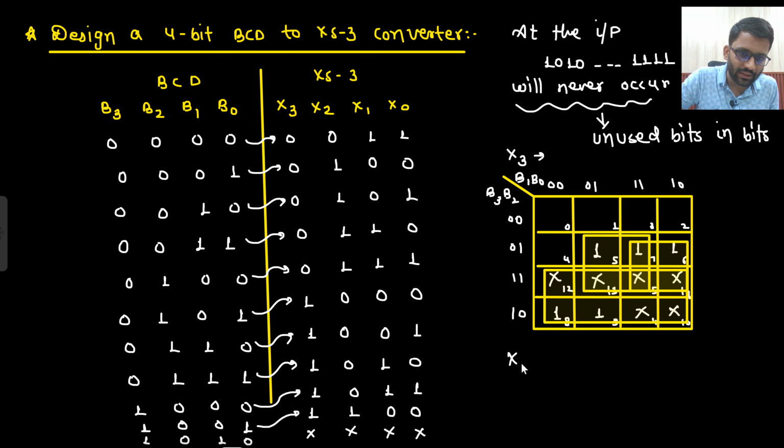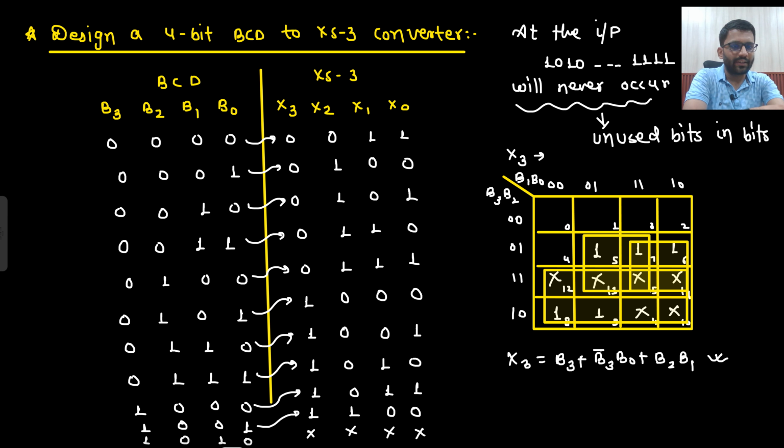Only one thing is constant, that is B3 plus. This was about the octet. In the quad, what is constant? B3 bar into B0 plus. In this one, what is constant? B2 into B1. Here, B2 is constant, and in this one, B1 is constant. So this is the expression of x3.